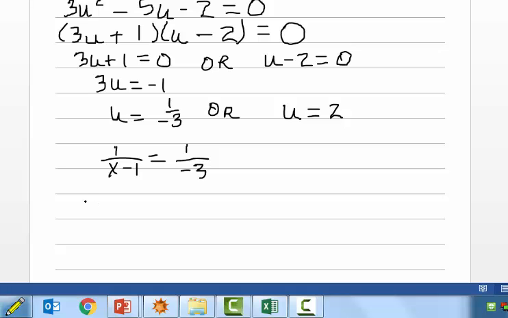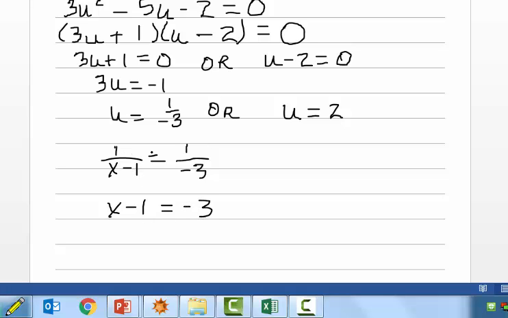denominator. So notice if the numerators are both 1, I have 1 over x minus 1 equal 1 over negative 3. Both numerators are 1, so that means the denominators have to be the same. X minus 1 has to equal negative 3. That's what that would mean.